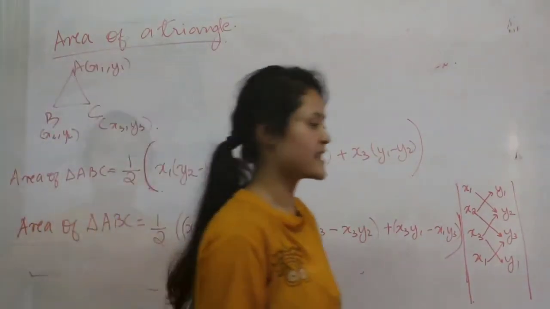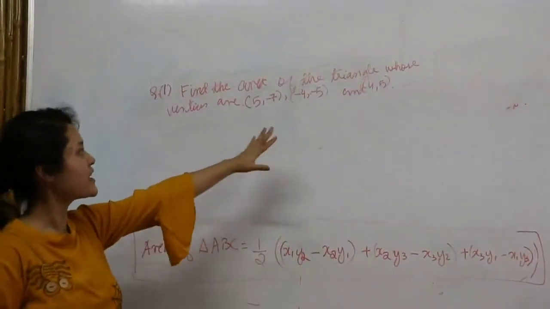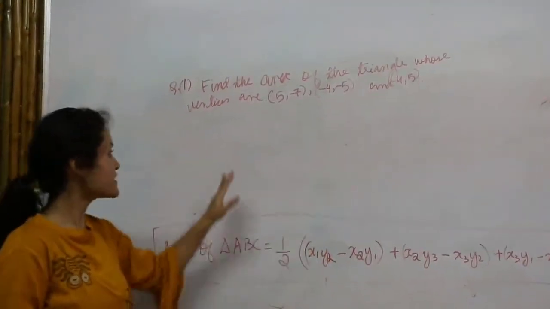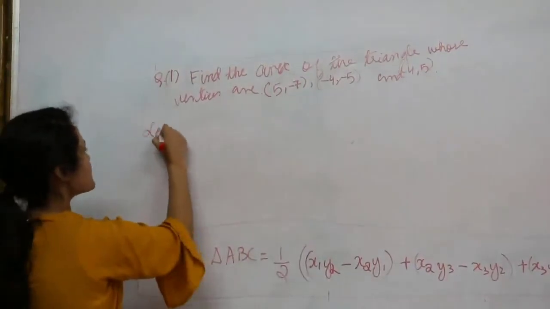So let us solve some exercises. Let us see this question. We have to just find the area of triangle whose vertices are given by these. So this is just a direct application of this formula. So first we describe the triangle.